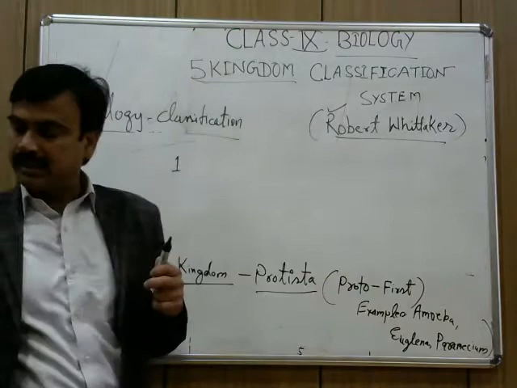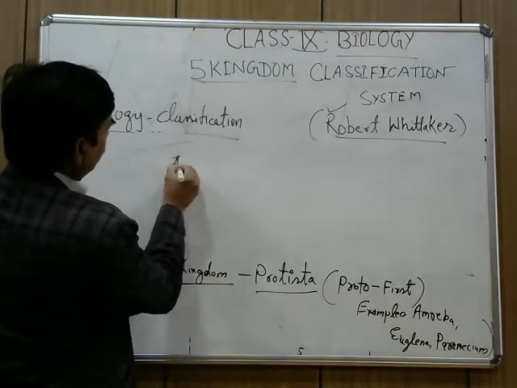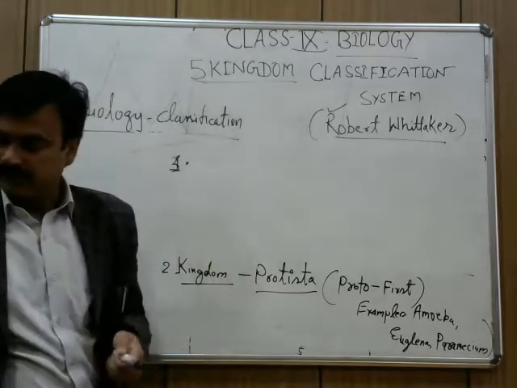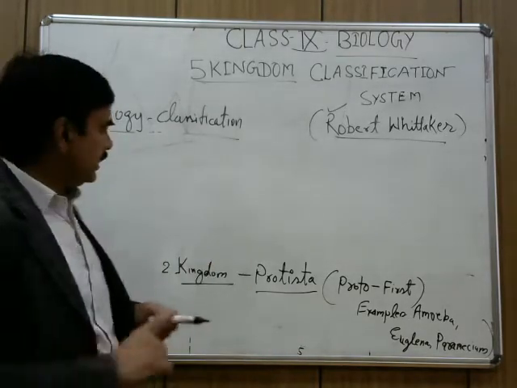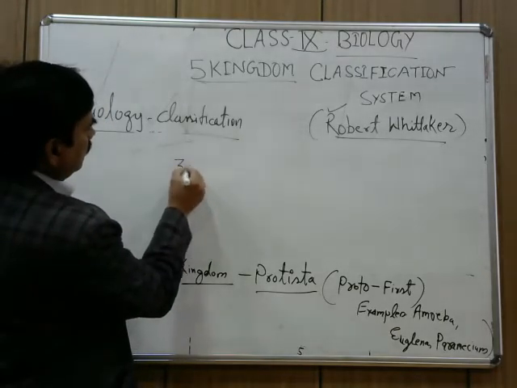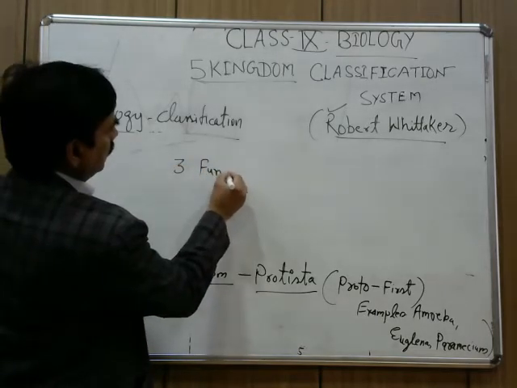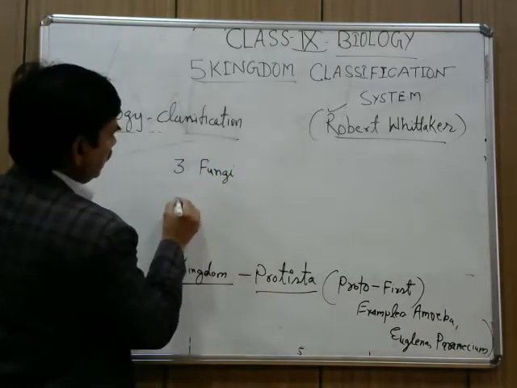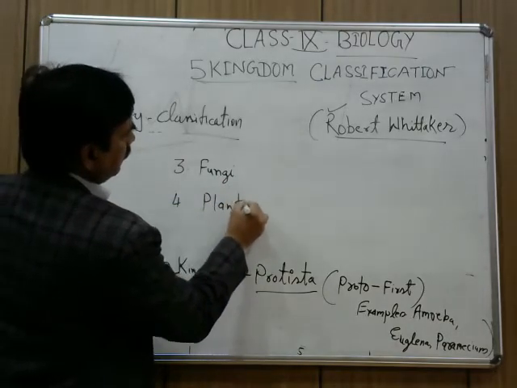After Protista, number 3 is fungi, number 4 is plantae, and then Animalia.